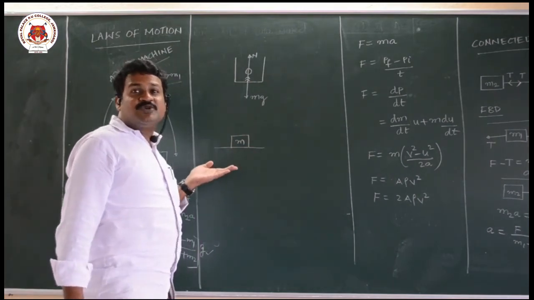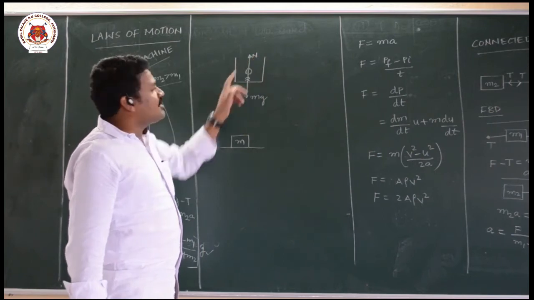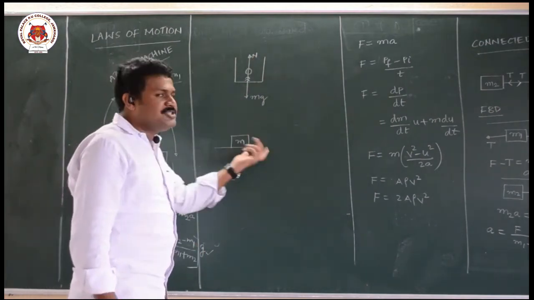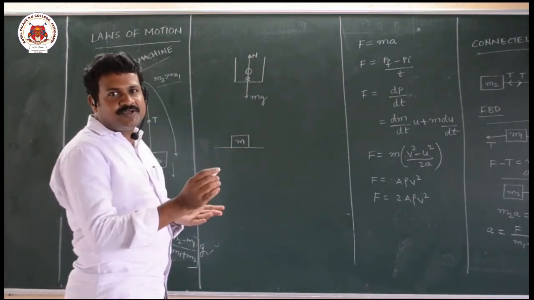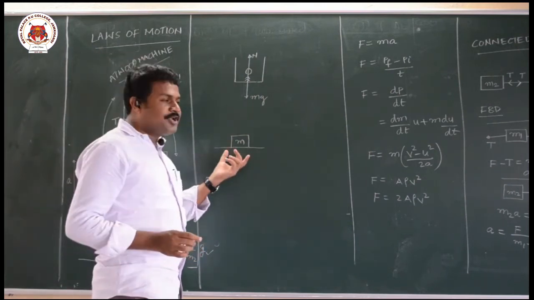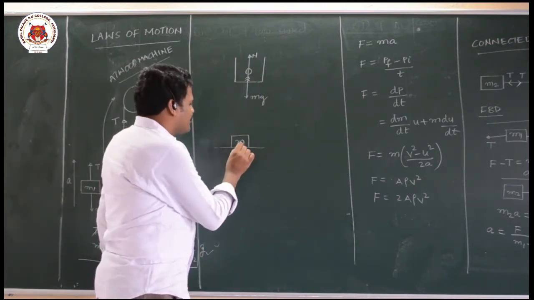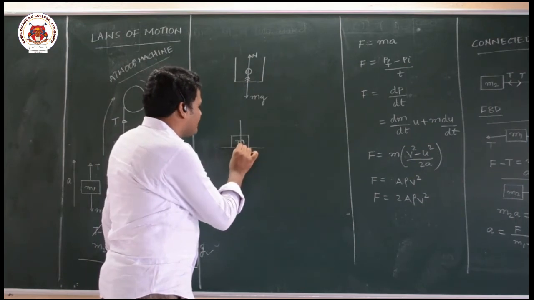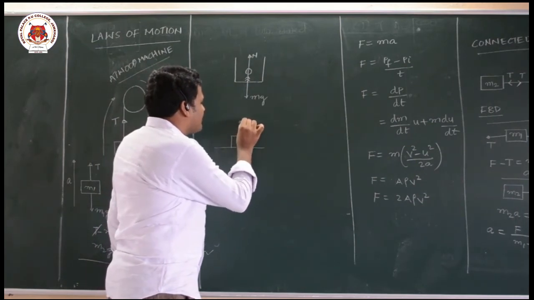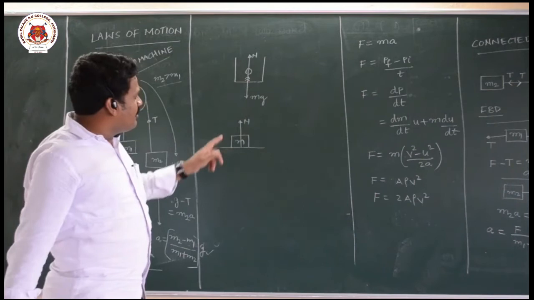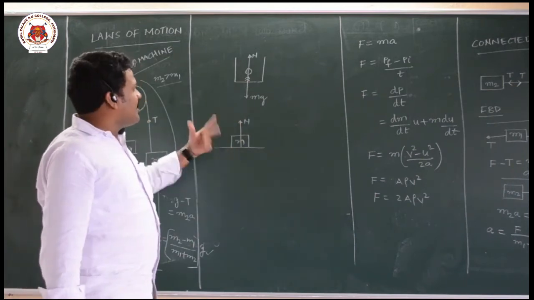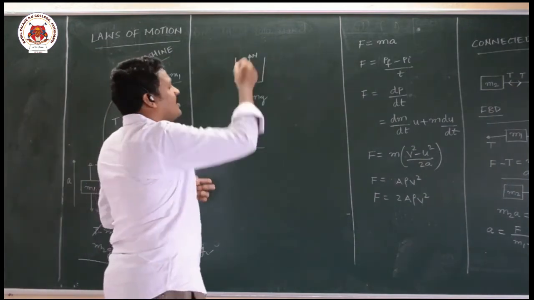Similarly, friction is also a contact force. Without normal reaction, there is no friction. If you are not touching, there is no friction. Once you touch and there is relative motion, only then will you get friction. So the force which acts perpendicular to the lower surface of the upper body is called normal reaction. This is action, this will be reaction.